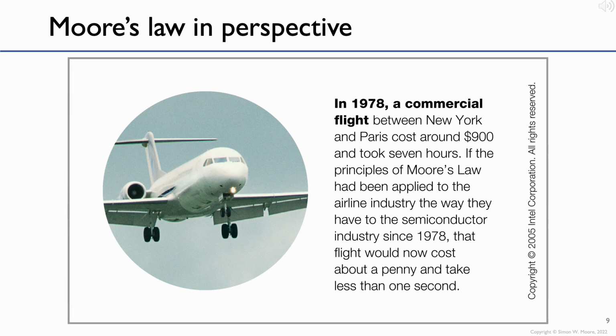Here's an example from Intel trying to put Moore's Law into perspective. So let me just read this out to you. In 1978, a commercial flight between New York and Paris cost around $900 and took 7 hours.